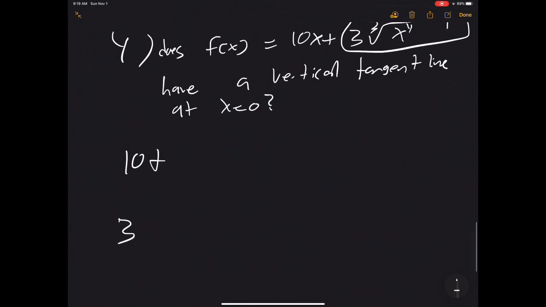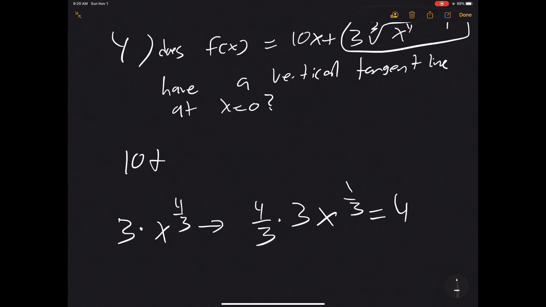We have 3 times x to the 4/3. And the derivative of that is 4/3 times 3x to the, subtract 1, 1/3, which gives us 4 cube root of x.